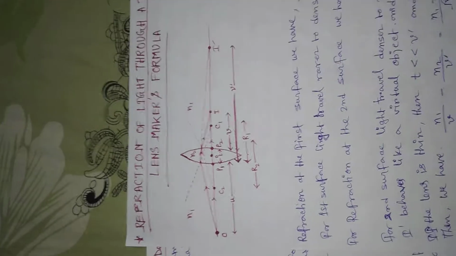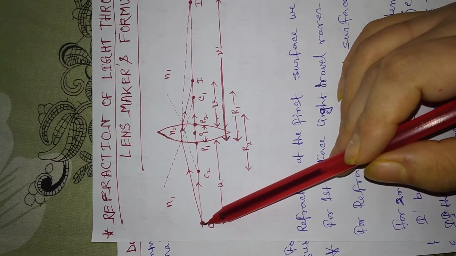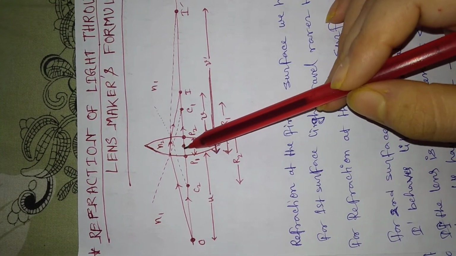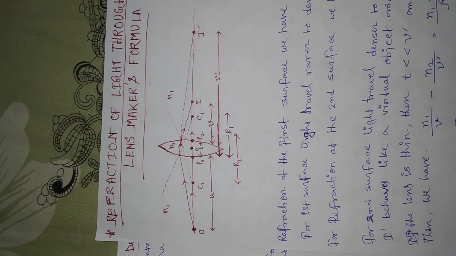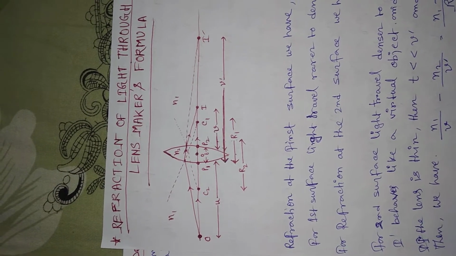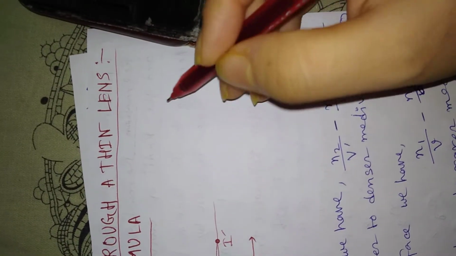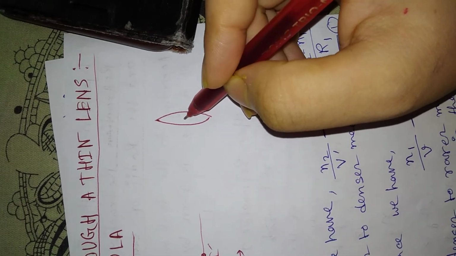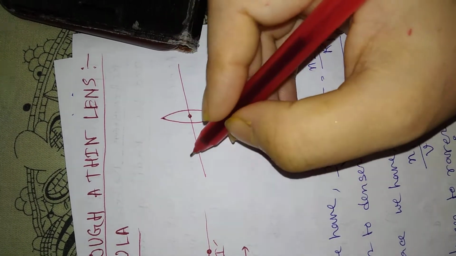So we should take two rays from this point object. One ray is coming along this side and passing through the O point. O is called the optical center of a lens. This is our lens, this is the optical center, and this is the principal axis of the lens.